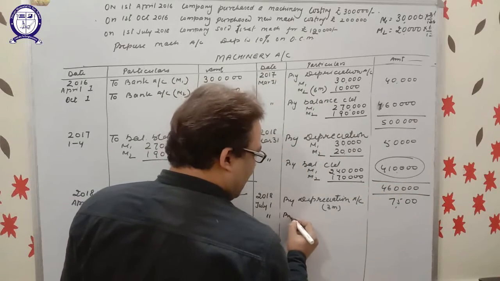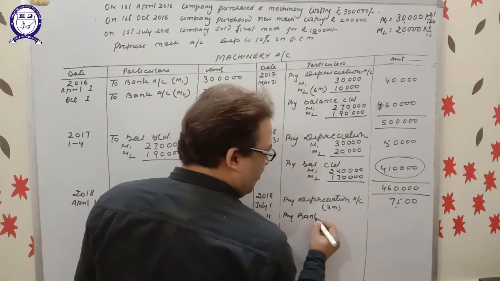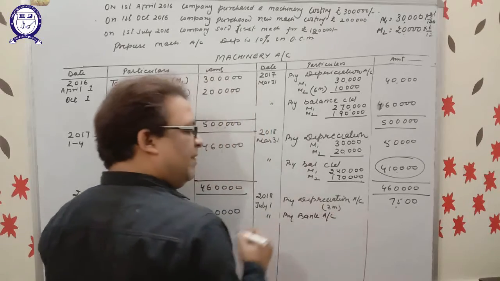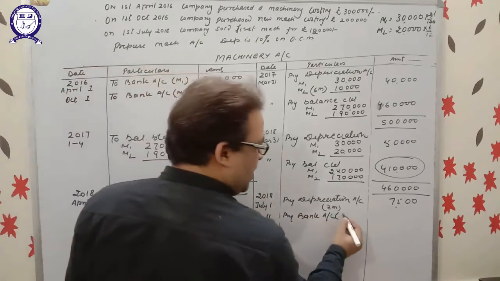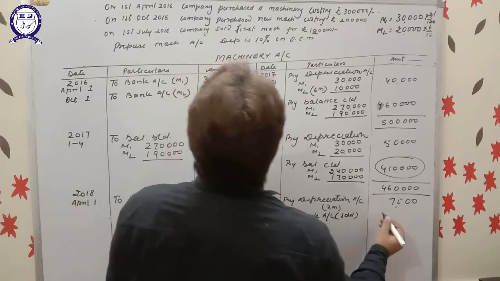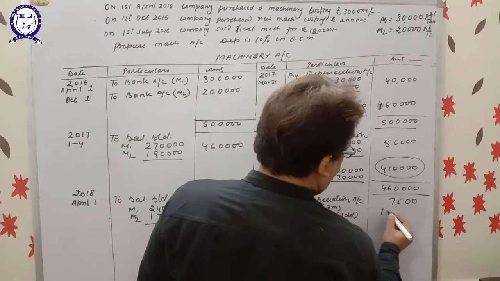Now by bank for the sale of machinery. The entry will be bank account debit to machinery. So by bank, machinery sold for 1,20,000.